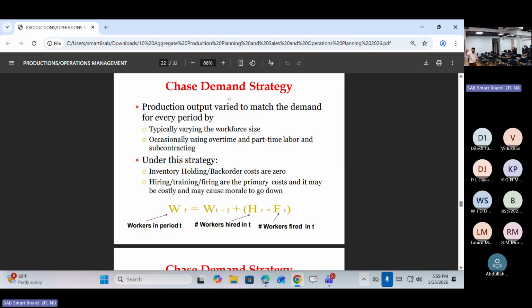So usually in this strategy, is inventory cost applicable? Well, no. Why? They do not maintain inventories here. Instead, they adjust the capacity. Is backordering cost applicable? No, they do not backorder. They try to meet the exact demand within the same period.